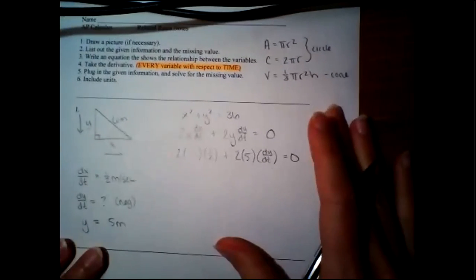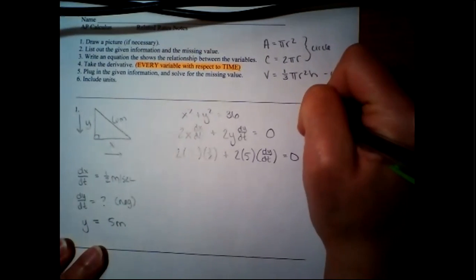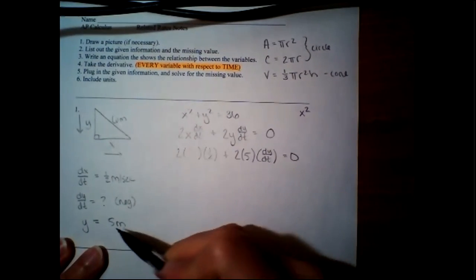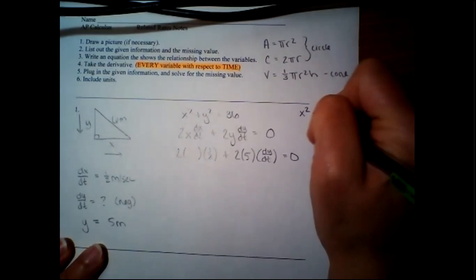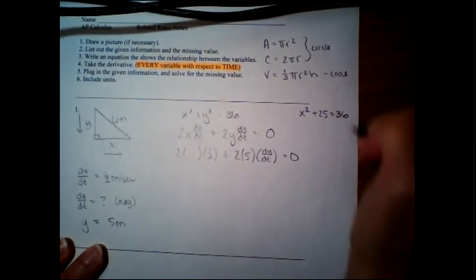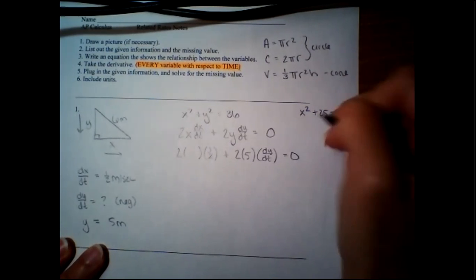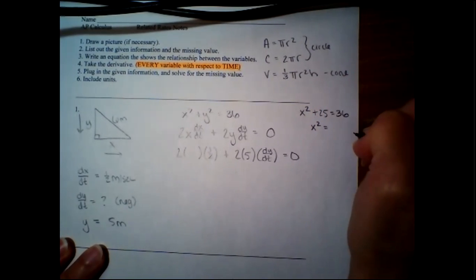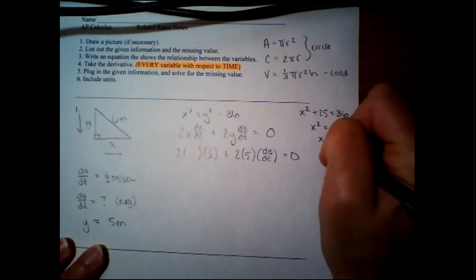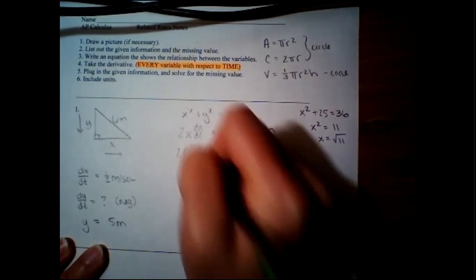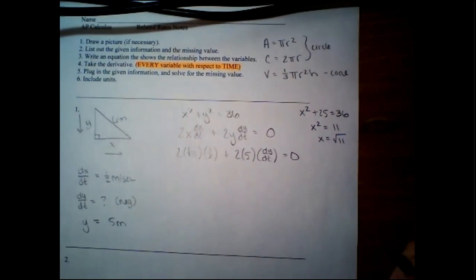So this is just going to be like a side problem here because we're missing something. So we'll have x squared plus 5 squared is 25 equals 36. So x squared would be 11. And so x is square root of 11, whatever that is.